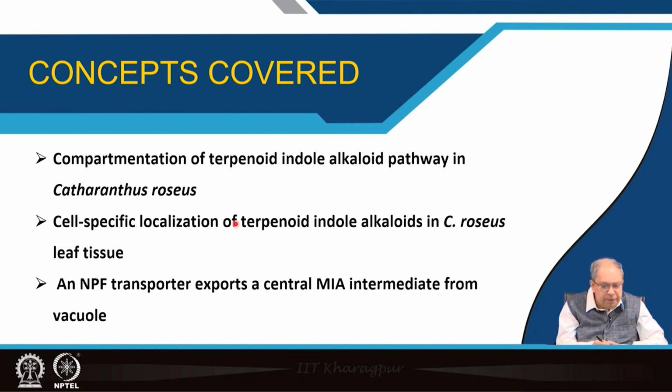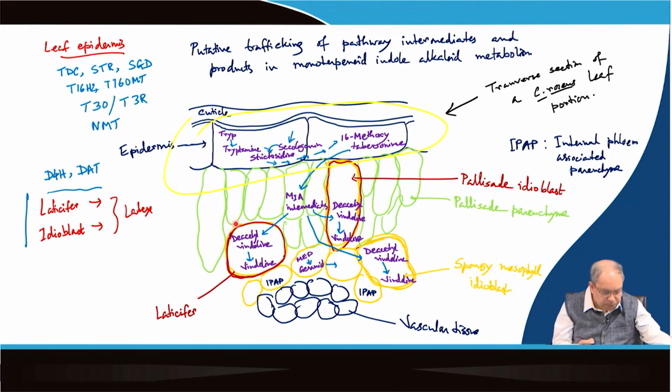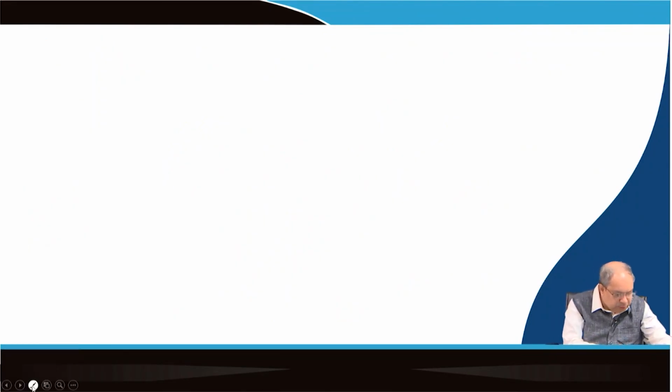And then finally, I will speak on a specific transporter which was characterized a few years back, that plays an important role in transporting one of the central monoterpene indole alkaloid intermediates to the vacuole. So, now let us go to the board and I will draw the diagram.